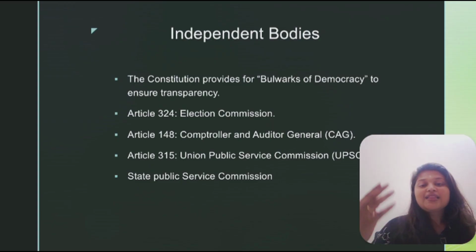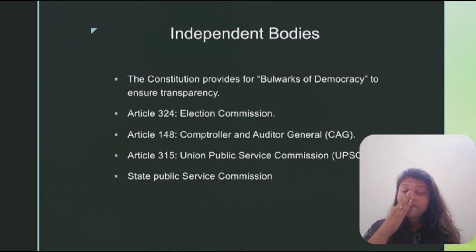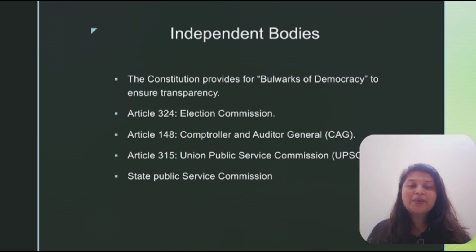So apart from the organs of the government, we have several other independent bodies that the constitution has given, which function independently without any influence of external forces, right?